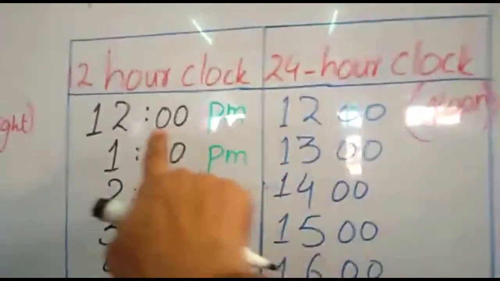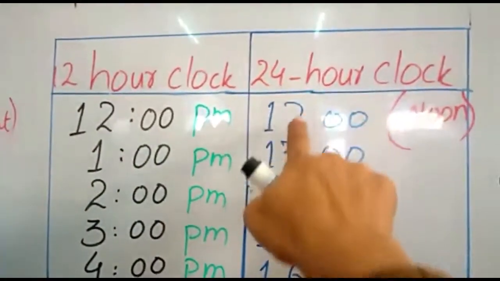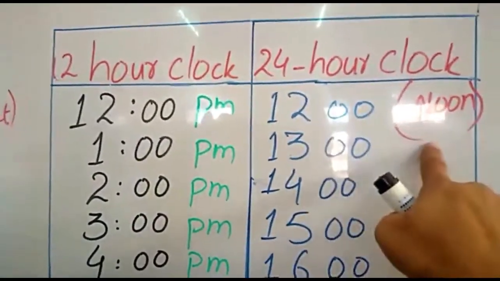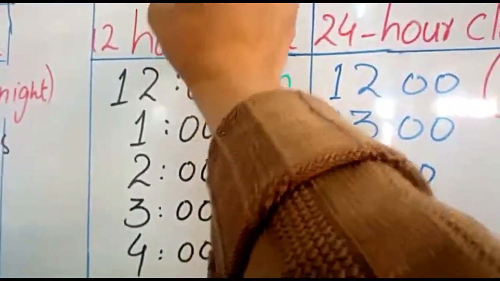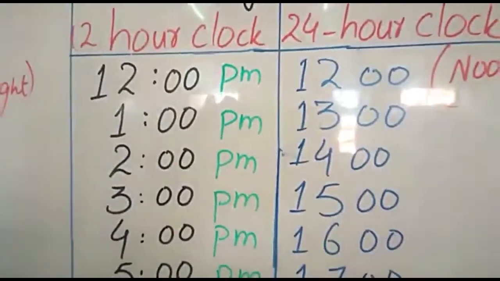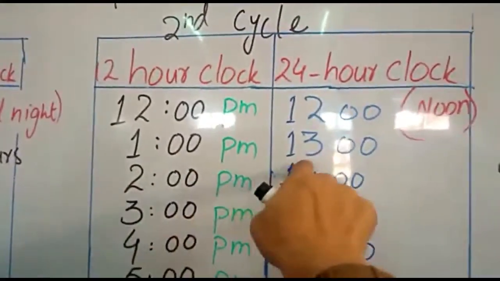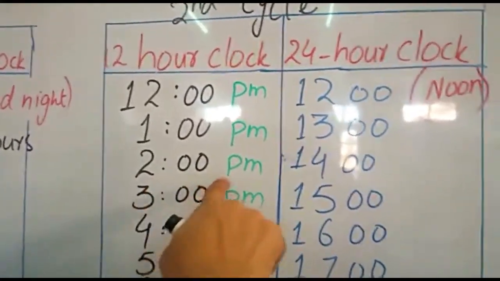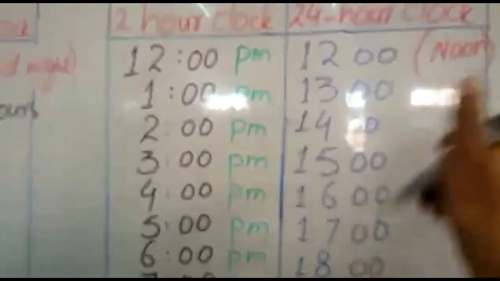At noon the time is 12 PM, or in the 24-hour clock, 12 hours. Then in the second cycle the PM time starts. 1 PM is 13 hours, 2 PM is 14 hours, 3 PM is 15 hours.